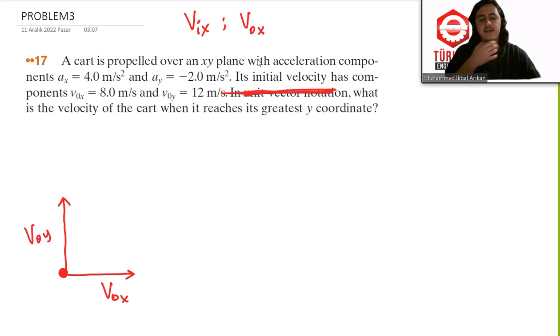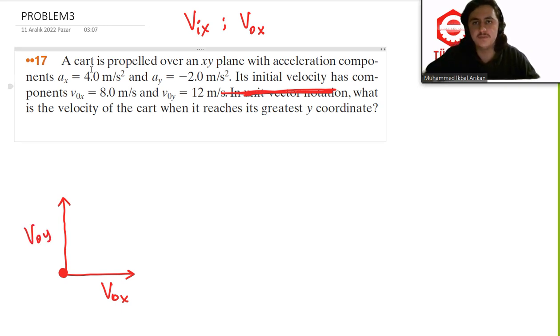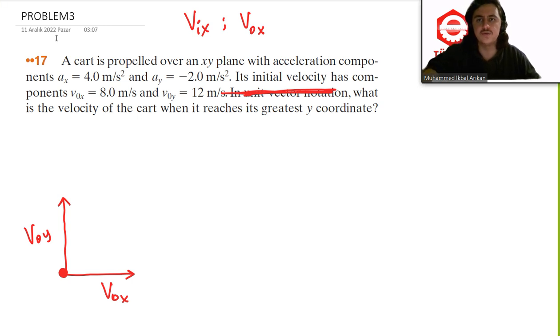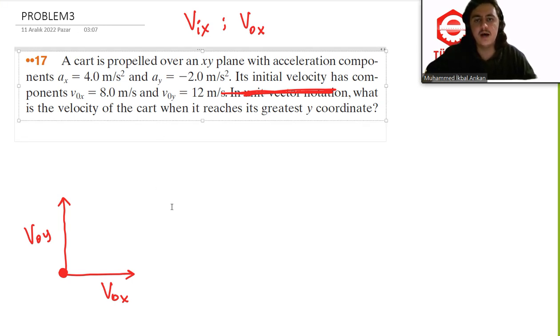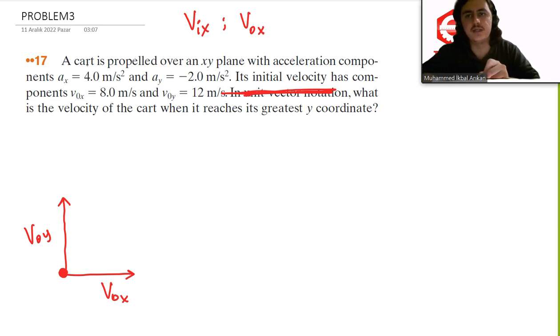But I have an acceleration, which will also be in two directions, in x and in y. I will accelerate and increase my velocity in the x axis. So I will put my ax here, but I will decelerate, decreasing my velocity in the y axis, just a little bit smaller.